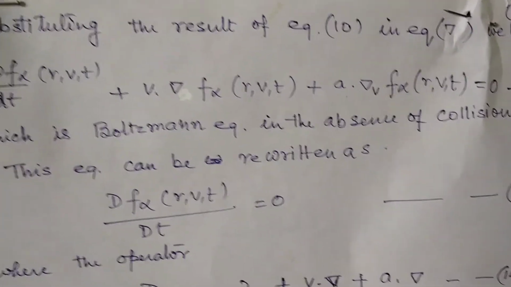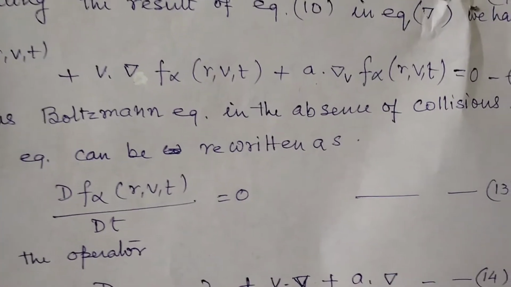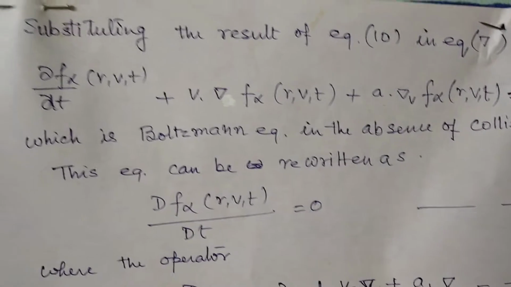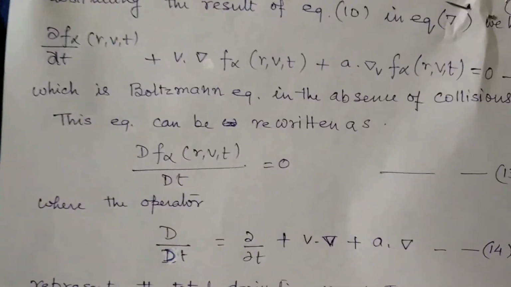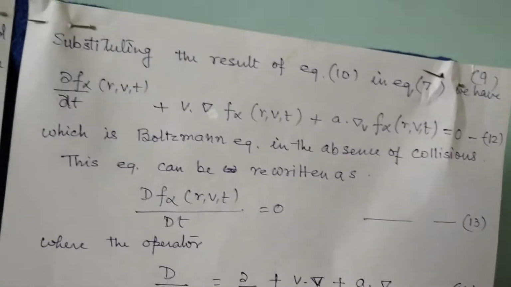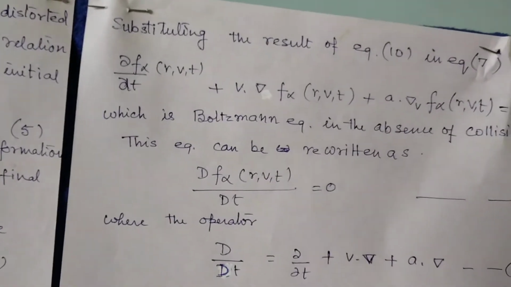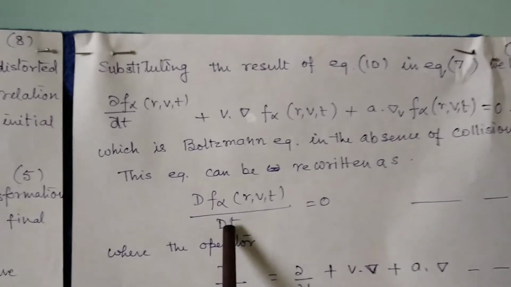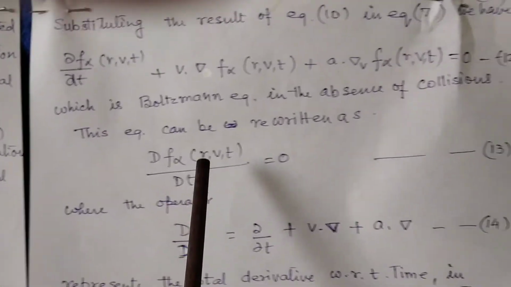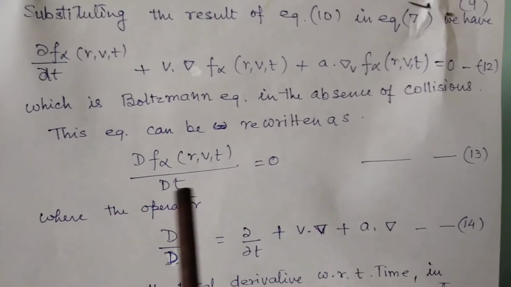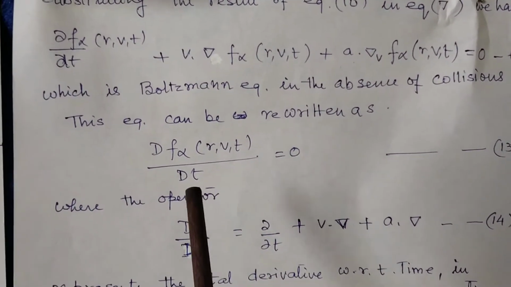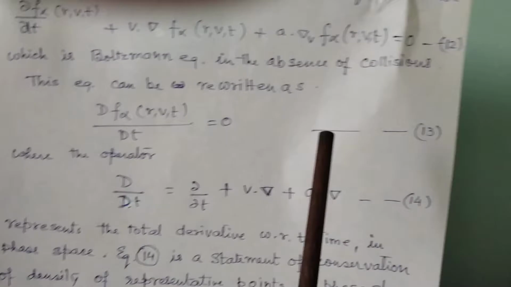Now, this is the Boltzmann equation in the absence of collision. This equation can be rewritten as capital D f_α(r, v, t) divided by dt, which is equal to 0.